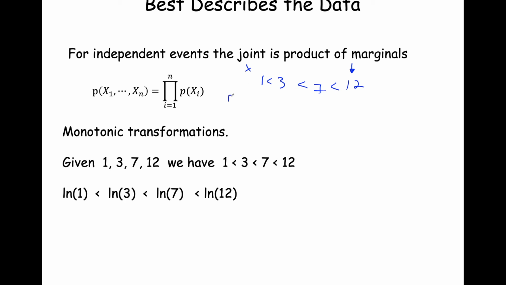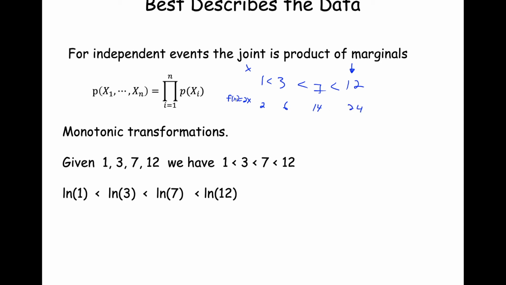Instead of x, we have f of x is equal to 2x. Well, to multiply something by 2, that's a monotonic transformation, and it preserves the ordering of these values relative to where they were before. And so if we have f of x is 2x, this first one becomes 2, the second one becomes 6, the third one becomes 14, and the last one is 24.